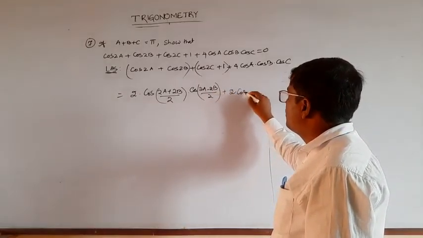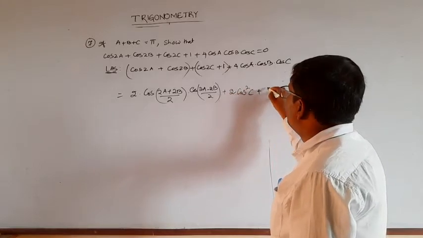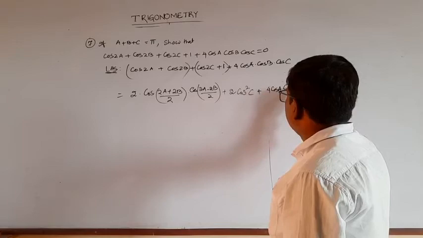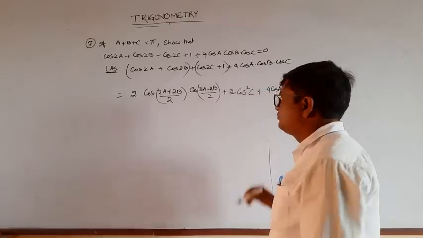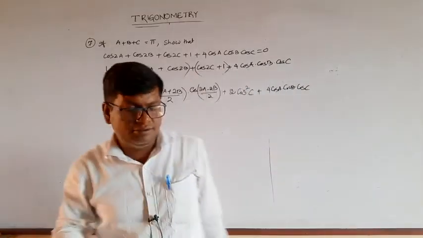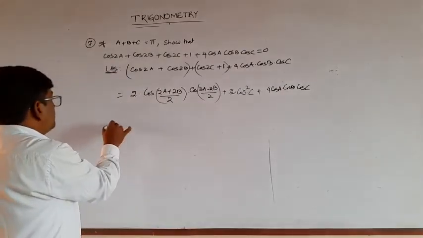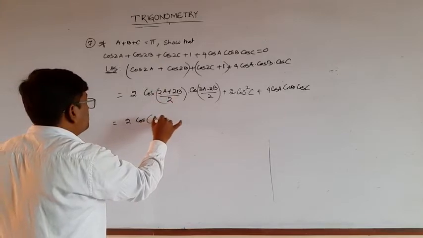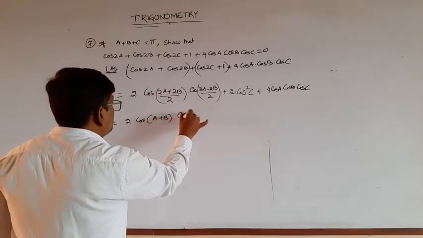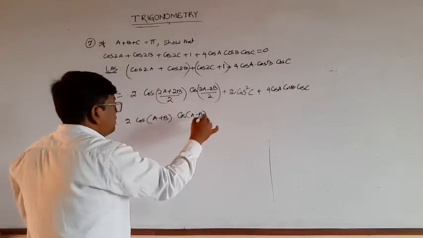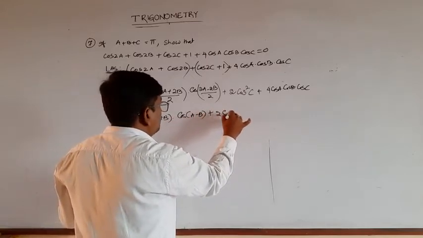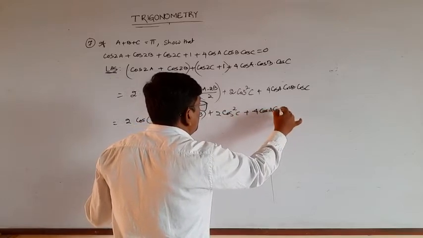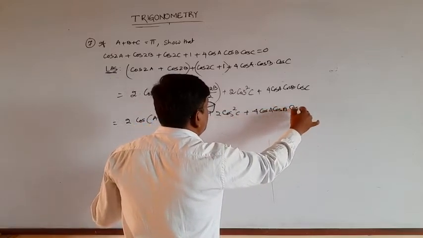So 2 cos square c plus 4 into cos a into cos b into cos c. Now 2 is common here, so 2 cos (a plus b) into cos (a minus b) plus 2 cos square c plus 4 cos a into cos b into cos c.